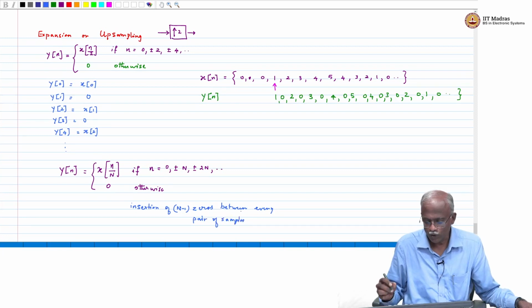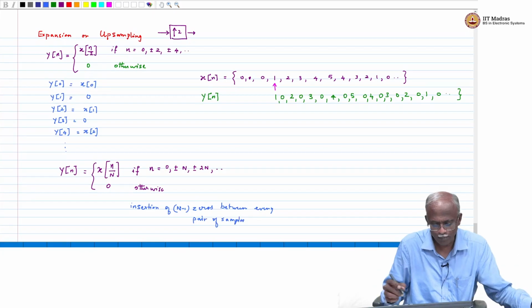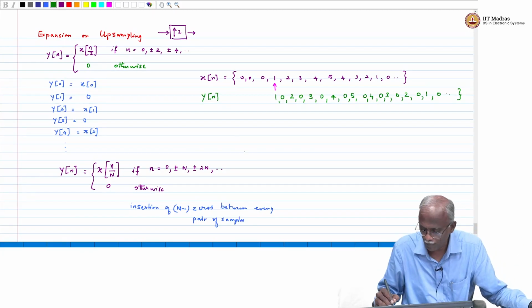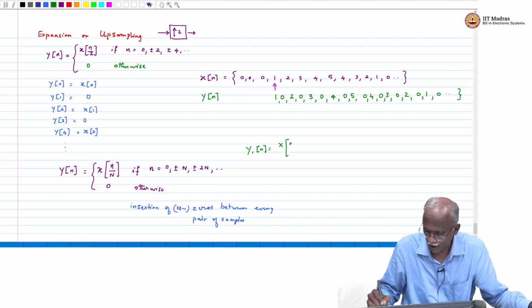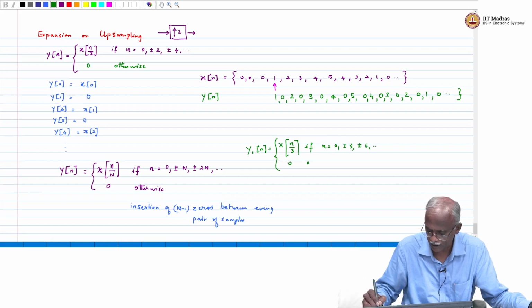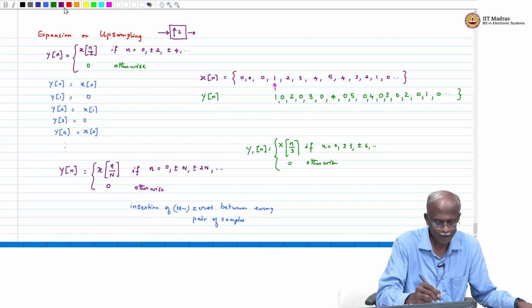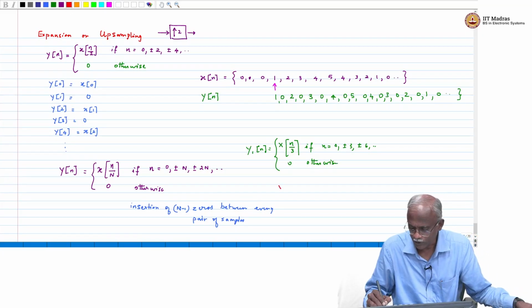So, if I were to say give me x of n by 3, not a problem, y1 of n is equal to x of n by 3 if n equal to 0, plus minus 3, plus minus 6, and so on, 0 otherwise. That is the exact mathematical expression there. You can also write down the sequence y1 of n.